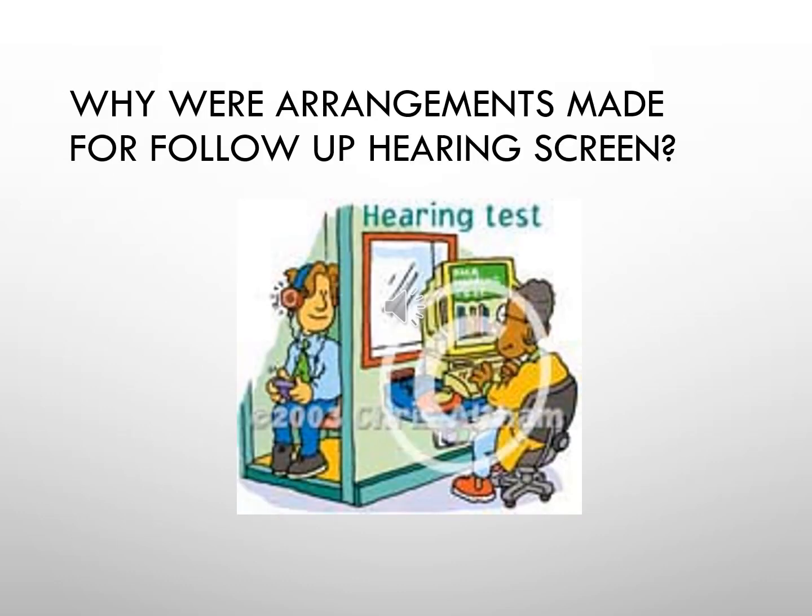Can you tell me why there were arrangements made for a follow-up hearing screen? Go ahead and pause if you don't know the answer and look that up. Let's see if you're right. That is because she's at risk for a severe neurological sequela.